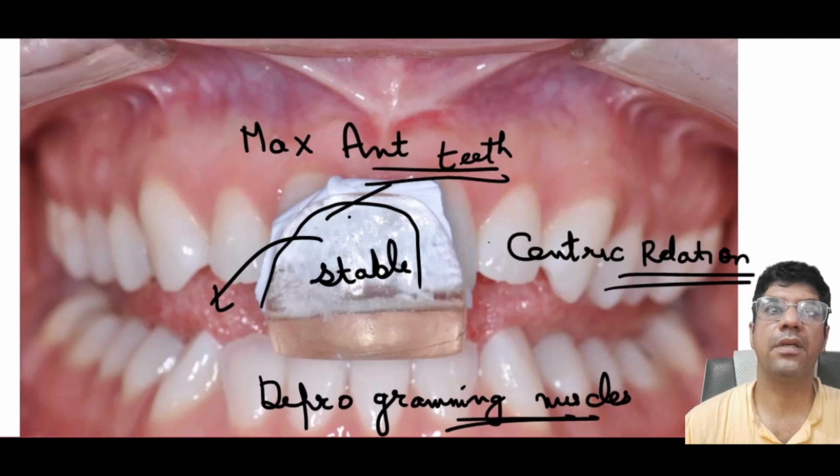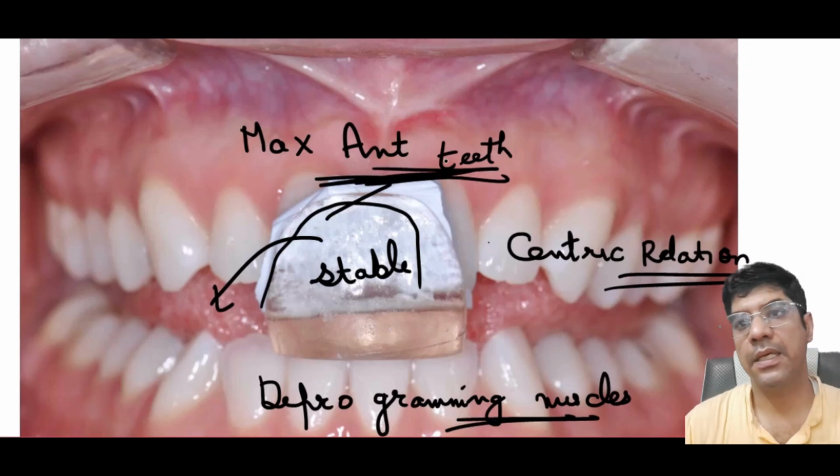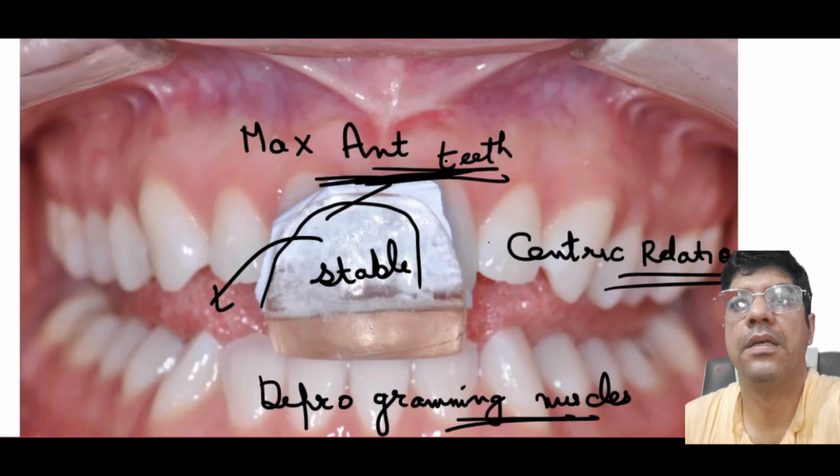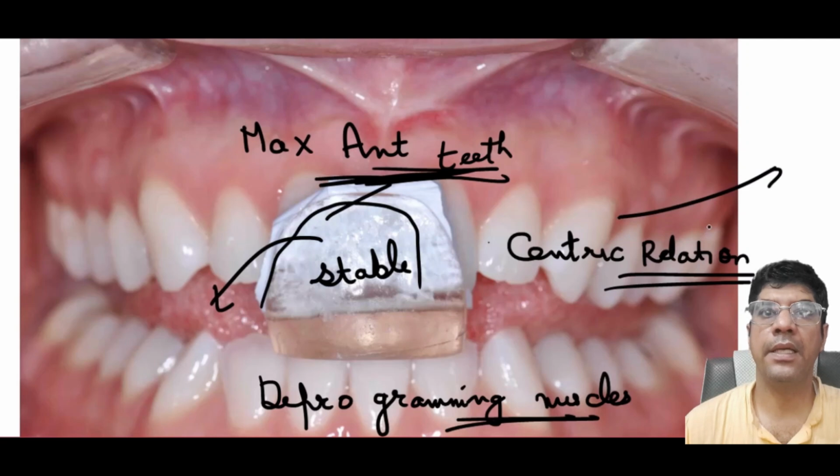So it is placed on the maxillary anterior teeth. The patient closes the mouth until the lower anterior teeth touch the jig. That will encourage the condyle to move into the centric relation.